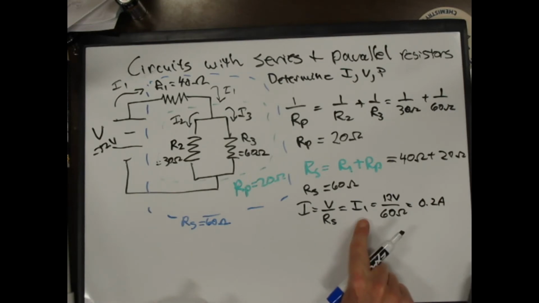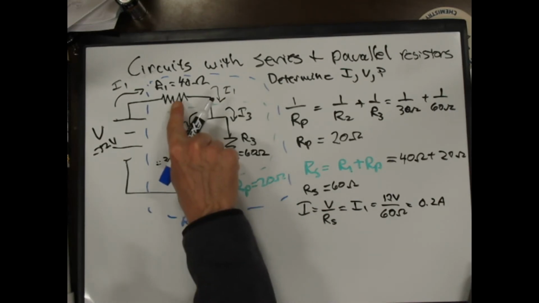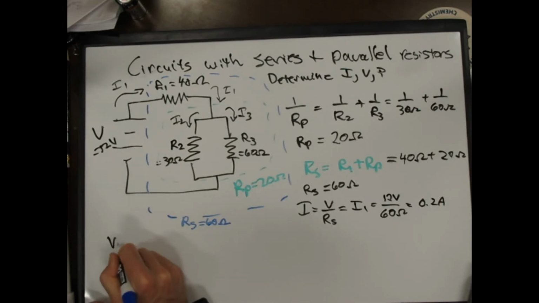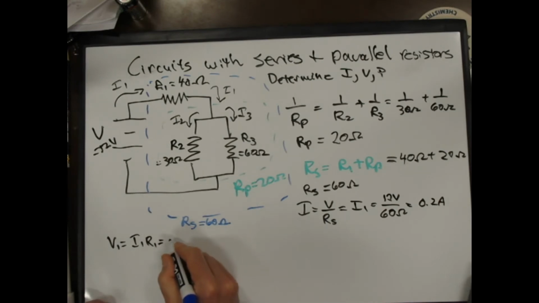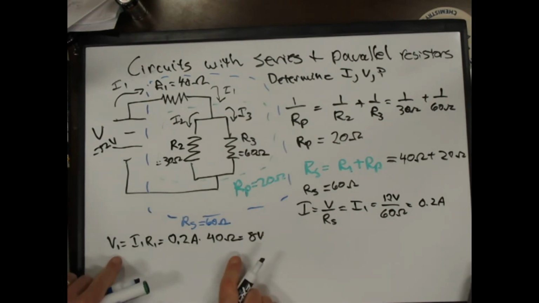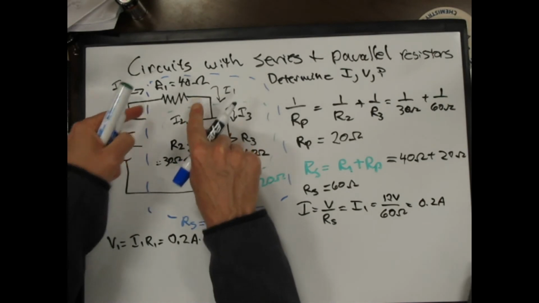And so that tells me the current through R1. And now I can use that. I can say V1 is equal to I1 R1, which is 0.2 amps times my 40 ohms, which is 8 volts. And so that tells me that the voltage drop across this guy is 8 volts.